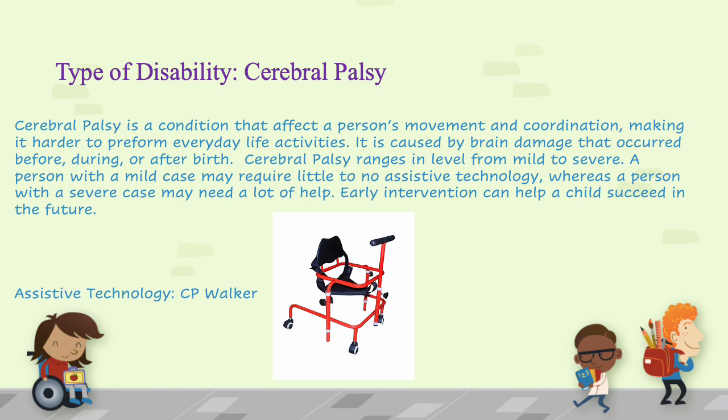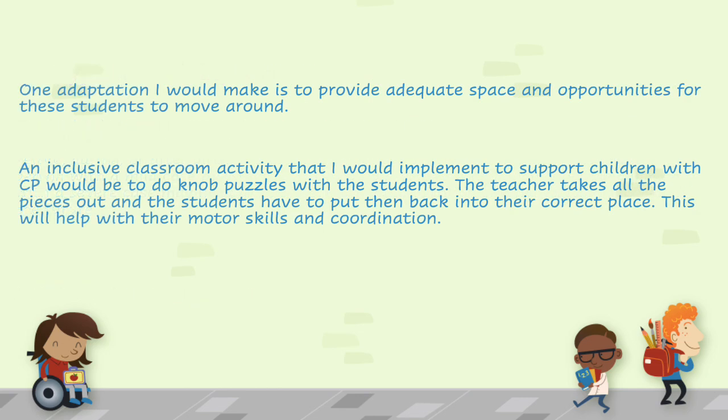With this disability as well, early intervention can help that child succeed in the future. An assistive technology device that I put is a CP walker. One adaptation I would make is to provide adequate space and opportunities for the students to move around.